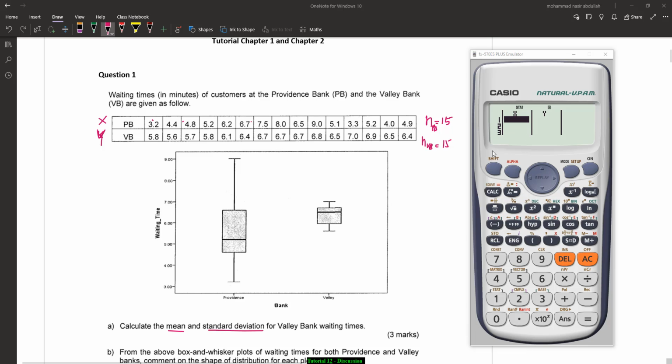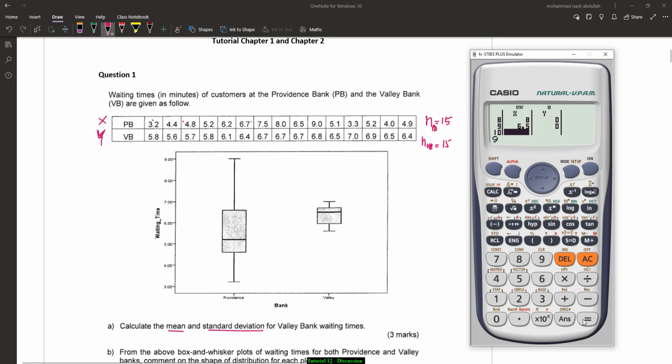Right, so we input the data. This one 3.2, and then 4.4, 4.8, 5.2, 6.2, and then 6.7, 7.5, this is 8, 6.5, and then 6.5, then 9, right?